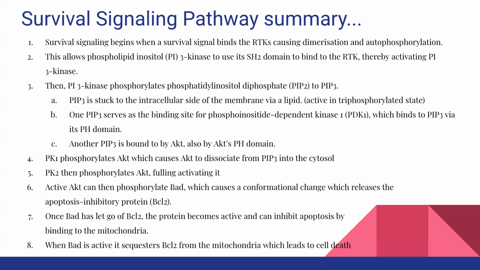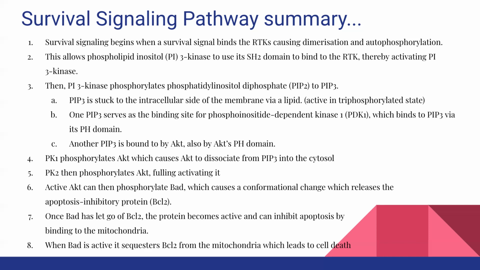This allows the inositol phospholipid PI3 kinase to use its SH2 domain to bind to the RTK, thereby activating PI3 kinase. And then PI3 kinase phosphorylates the lipid that's anchored in the membrane, which causes it to go from PIP2 to PIP3.